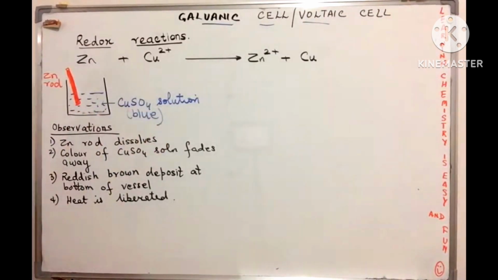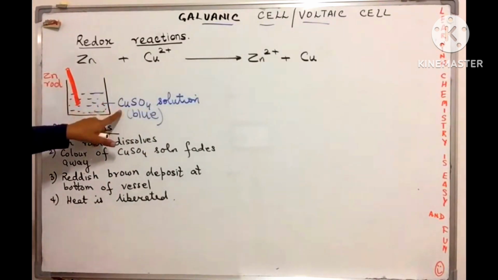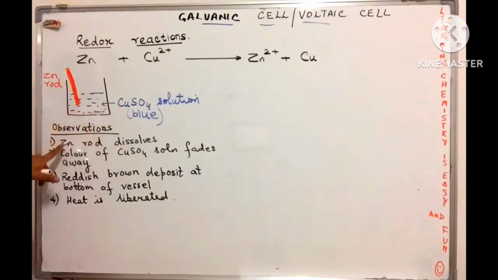Now when we immerse a zinc rod in a solution of copper sulfate, there are some major changes that you will observe immediately. First, you will see that the zinc rod starts dissolving, it starts becoming smaller, or if you are using zinc granules, you will see that they will start disappearing.